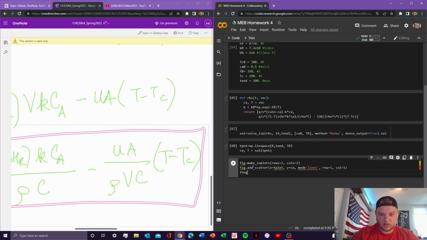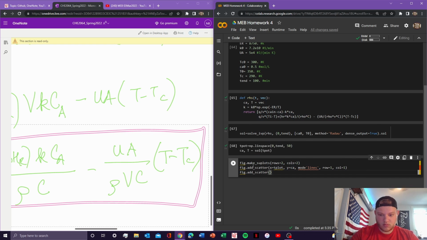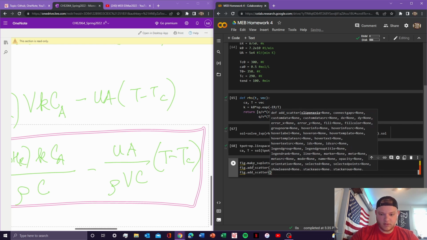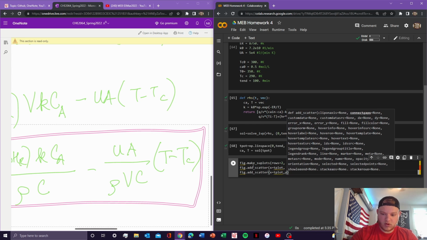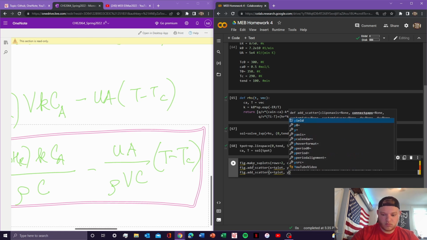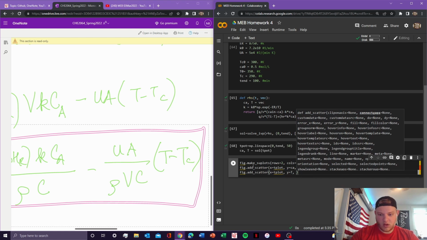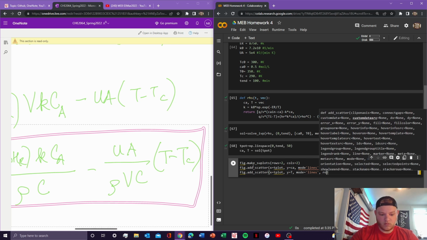Same thing for down here. X is equal to t plot again. Y is equal to T this time. We want our mode to be lines again. Our row this time is 2.